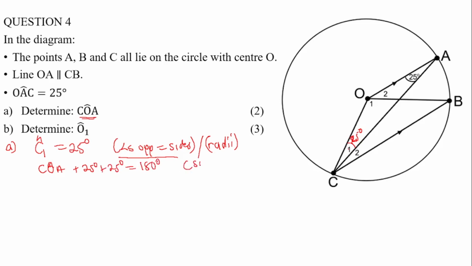And then the reason, sum of angles in triangle. So it means angle COA should be 180 degrees minus 50 degrees. So angle COA is equal to 130 degrees. So this angle is 130 degrees. And then let's do B.